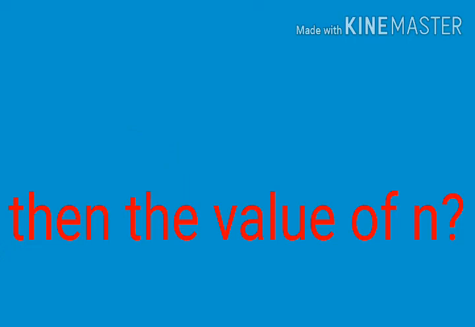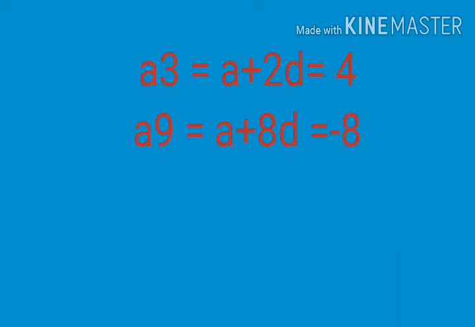So here a3 is given as 4. So we can use the equation directly. So a3 equal a plus 2d equal 4. Same way a9 equal a plus 8d equal negative 8. Then we can do the elimination method.